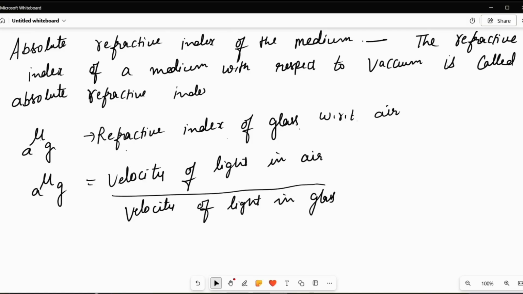Earlier we wrote, remember, velocity of incident ray by velocity of refracted ray is the thing which we call mu. Correct? So here also we have written the same thing. Here the incident ray is in air, the refracted ray is in glass. So velocity of light in air by velocity of light in glass. The symbol we write like this, mu, air here and glass. So refractive index of glass with respect to air.